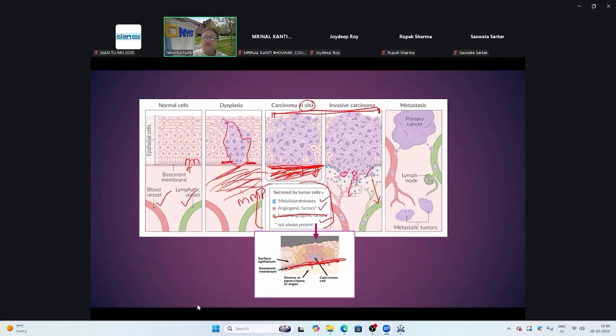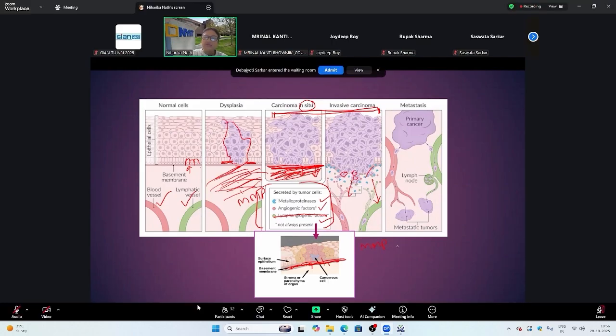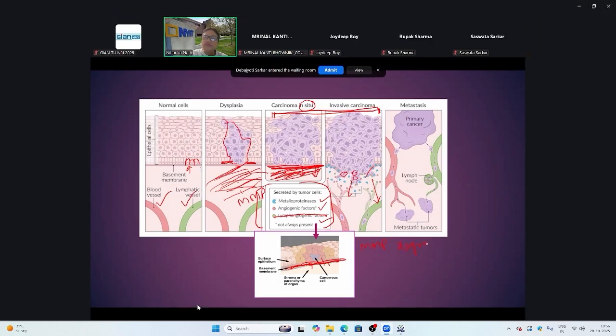So what you learned in this slide is that the MMPs are degrading. A part of promotion is that the MMPs are going to degrade the extracellular matrix, the ECM fibers.